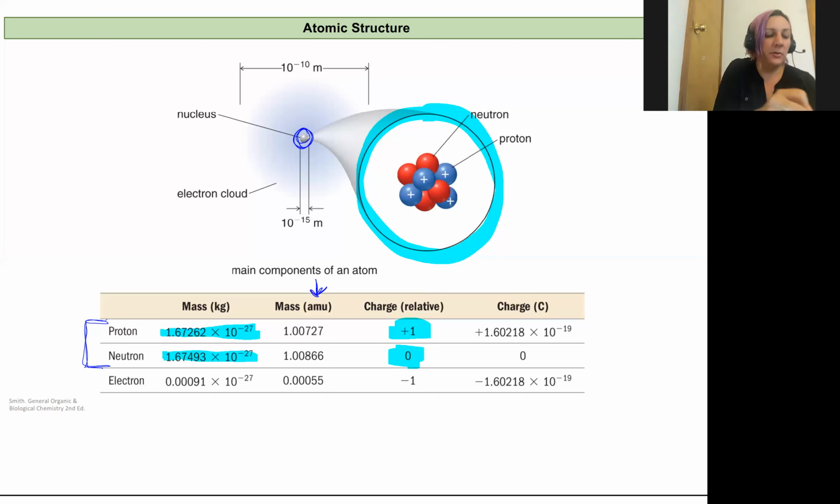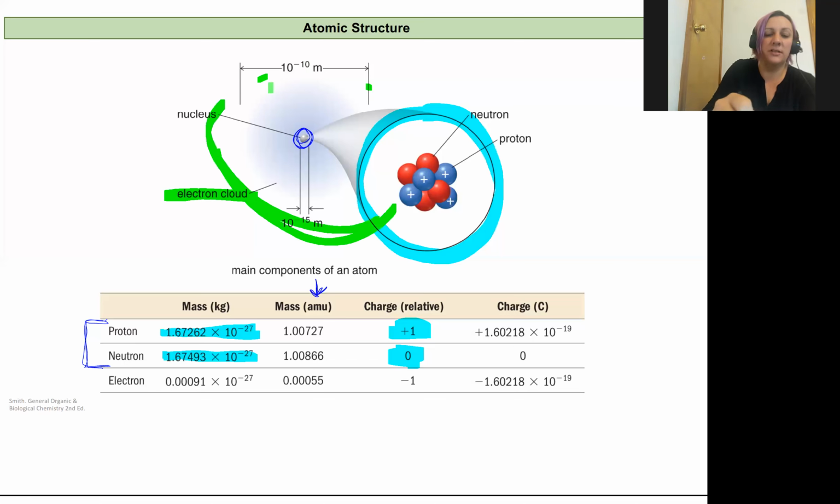And you'll note that we actually call this an electron cloud, and so it's kind of taking up this general space here. Each electron will have a -1 charge, but come and look at its mass. It is tiny. It is much smaller than the mass of a neutron or proton. And the mass of all of these things is extremely mind-bogglingly small.